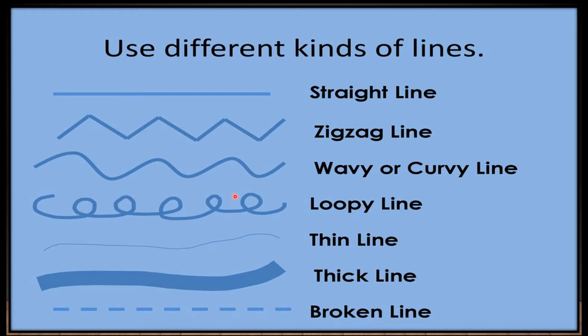Now, what is a line segment, children? A line segment is the part of a straight line between 2 points. See this first figure, if it has 2 points at the corners, that is called a line segment. Segment means part.